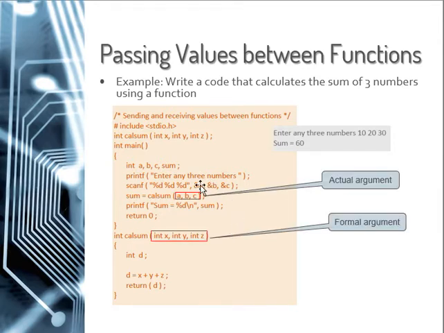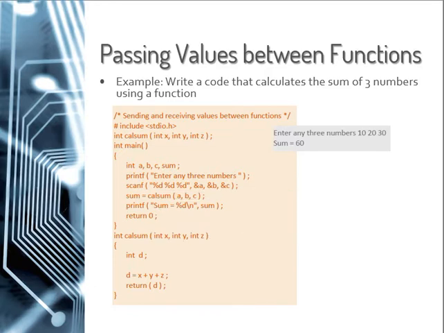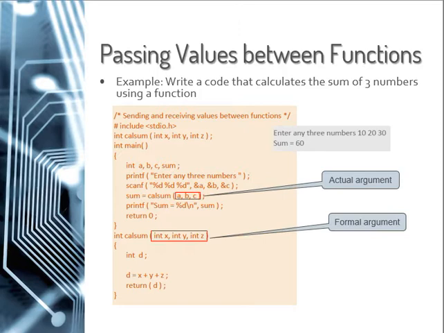Okay, so this is called the actual argument, and this is called the formal argument. The actual arguments are the values being passed, and whoever receives those values is called the formal argument.